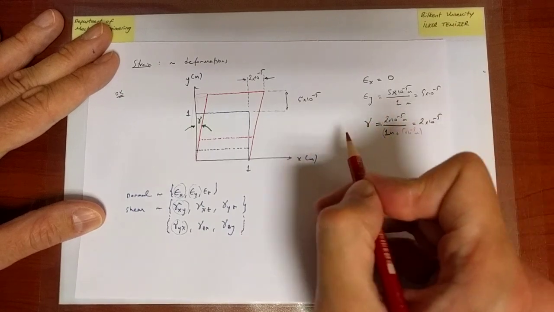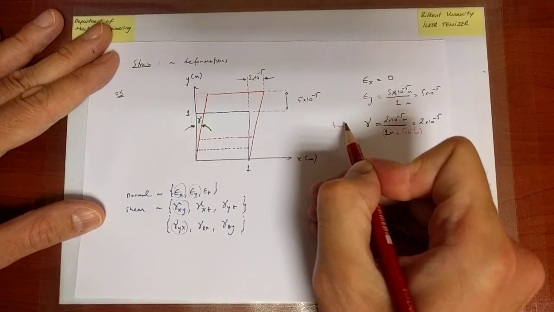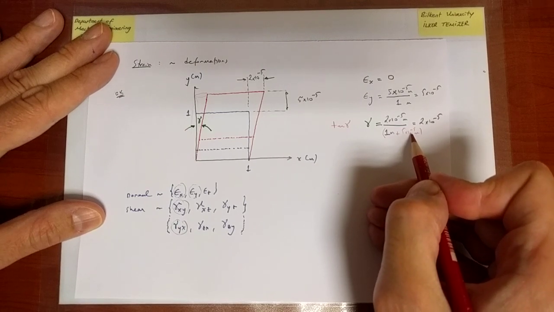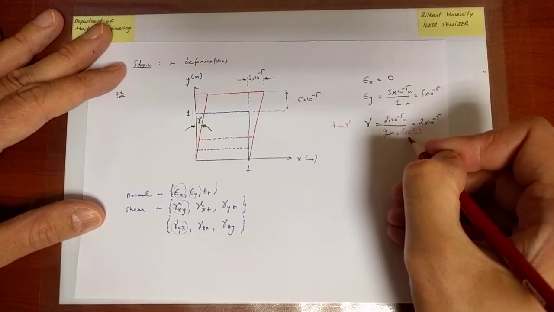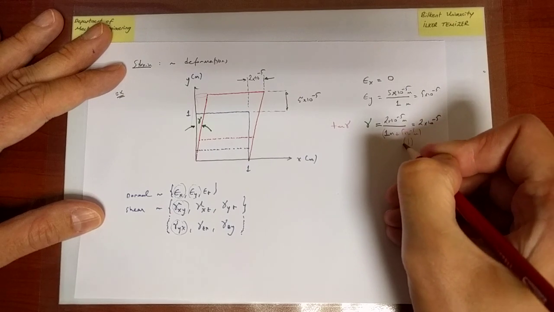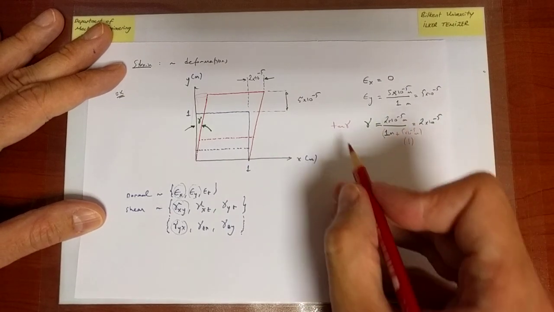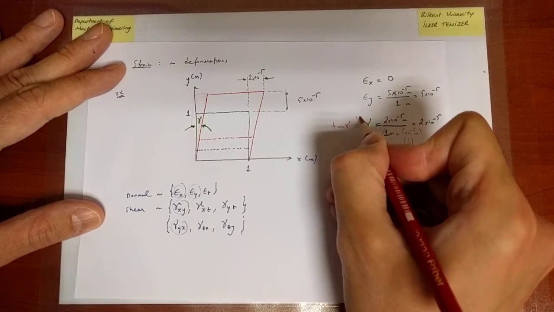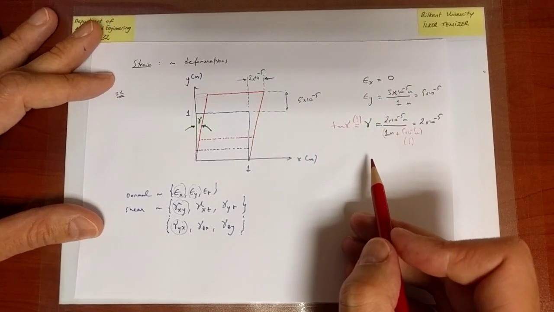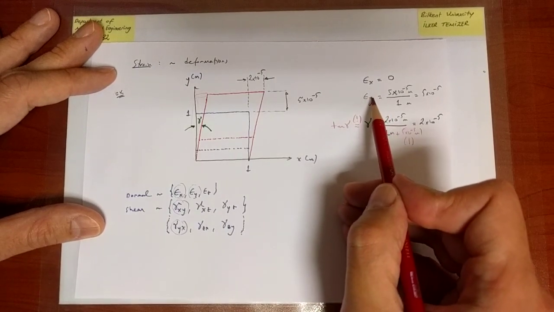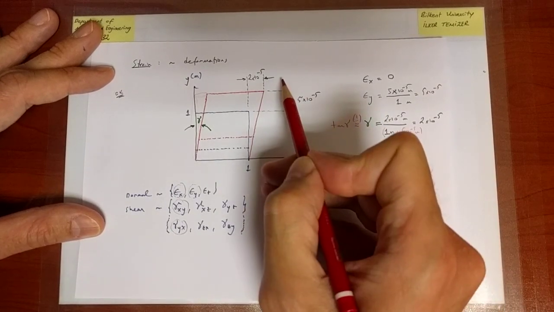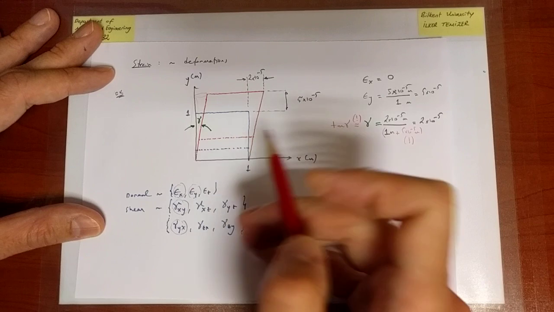And this is not equal to gamma, but it's equal to tangent gamma. But 5 times 10 to the minus 5 is so small that it doesn't matter whether I include this term or not, and moreover, it doesn't matter whether I look at tangent gamma or gamma itself, because these are approximately equal terms. For the same reason, when I was calculating the normal strain, I simply took the ratio of the length change along the y direction divided by the original length.